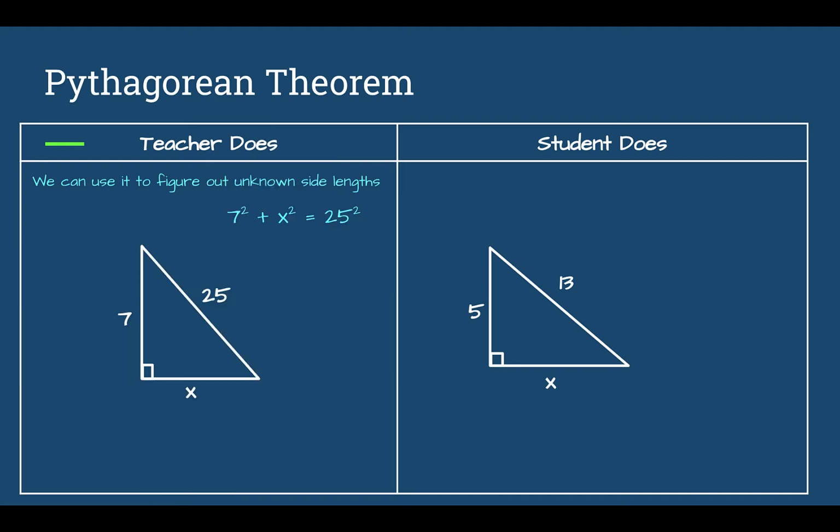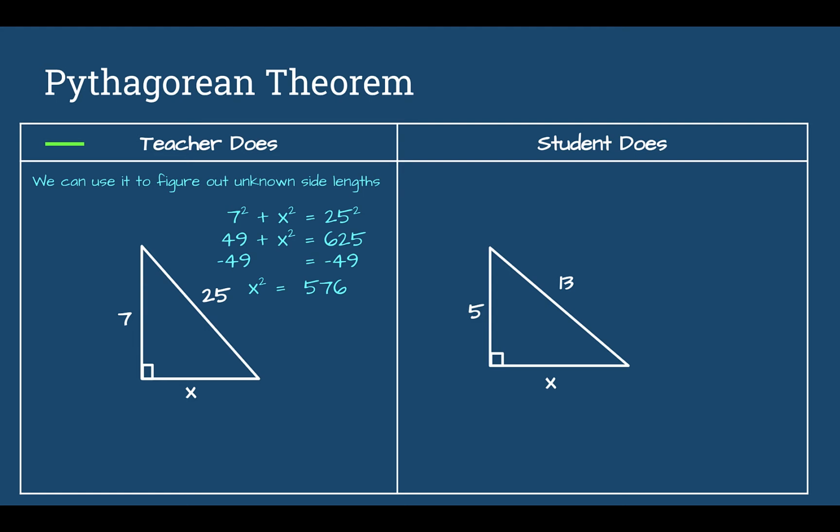Now, if I take those areas and add them together, 7 squared is 49, 25 squared is 625, and x squared, still just x squared, I can now solve for x. So to solve for x, I would subtract 49 from both sides, and I would find that x squared is equal to 576.